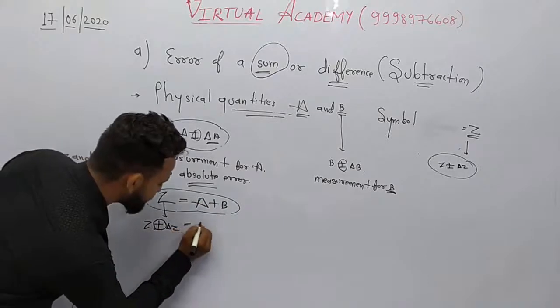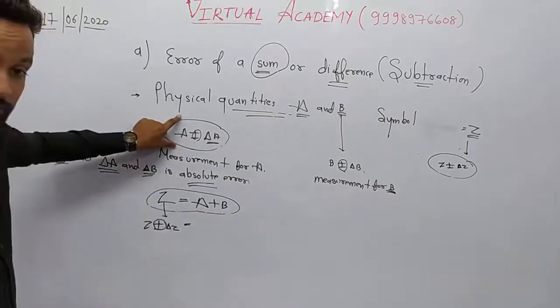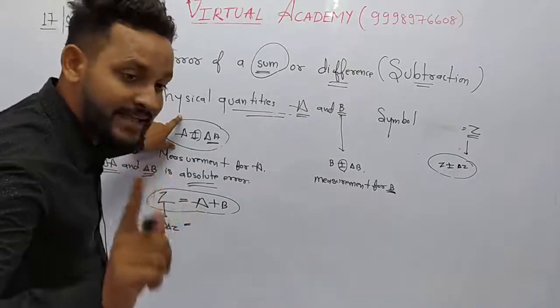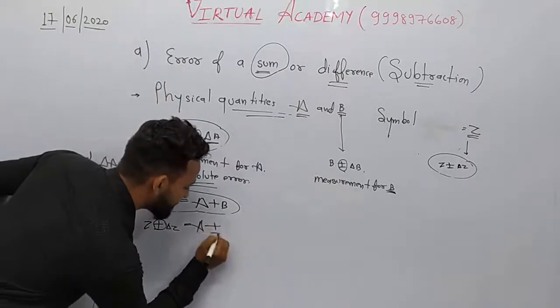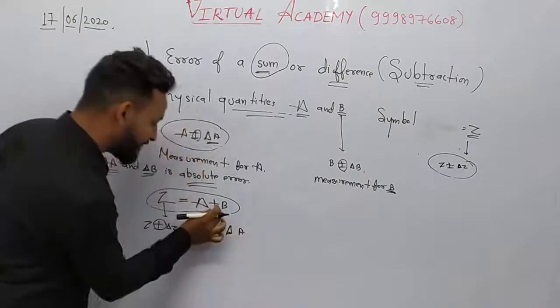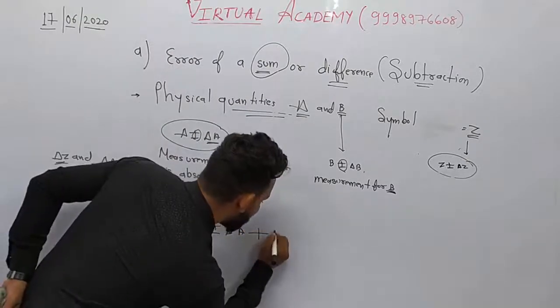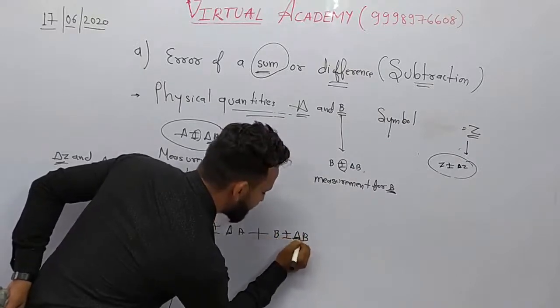Now for A, if we are adding error, then our measurement becomes A plus minus delta A. Now we are dealing with addition. For B, it is B plus minus delta B. Clear?